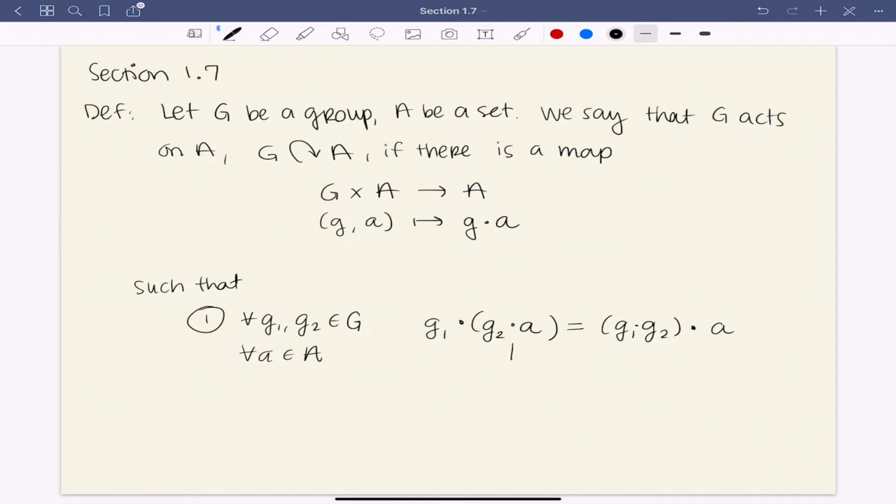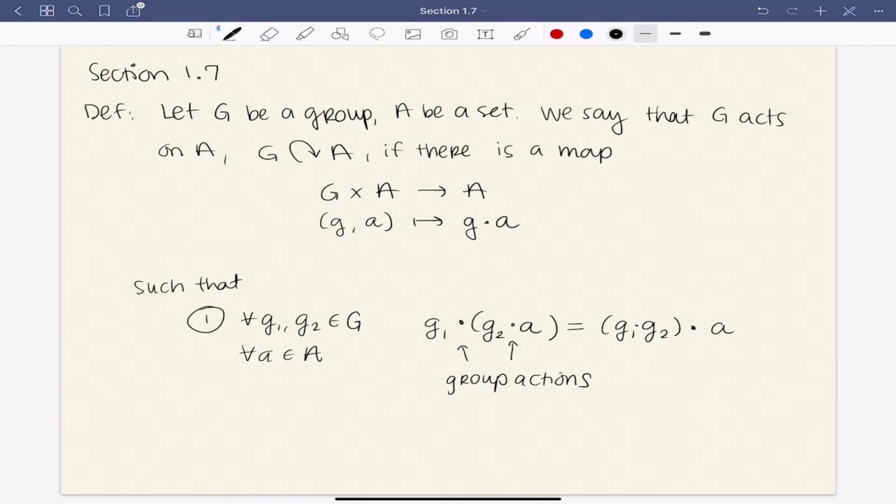Here, these two dots are group actions, because once I've acted by g2 on a, this is an element of A, and now this is a group element acting on a set element, so it's a group action.